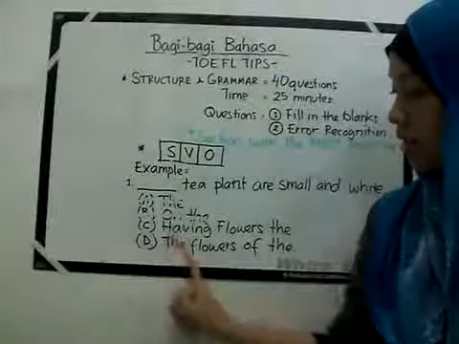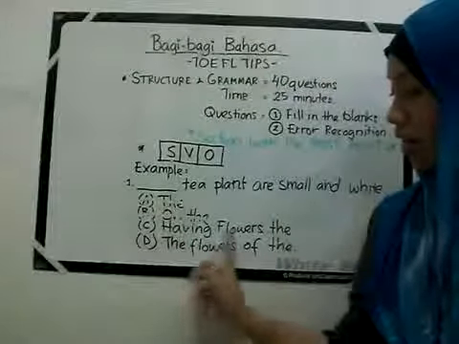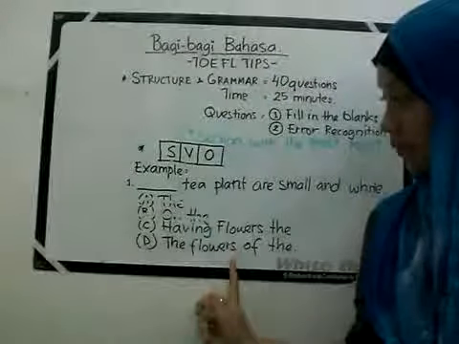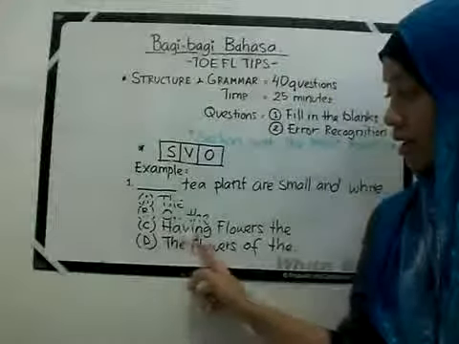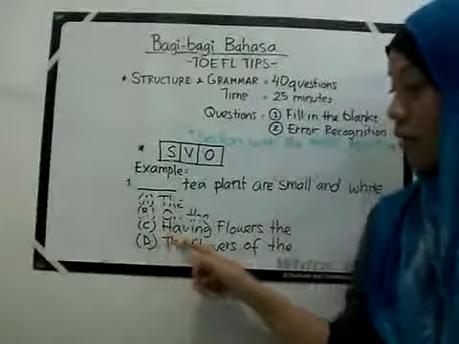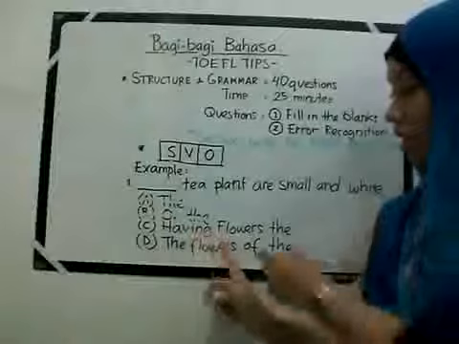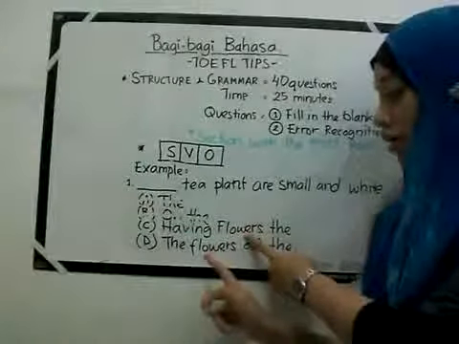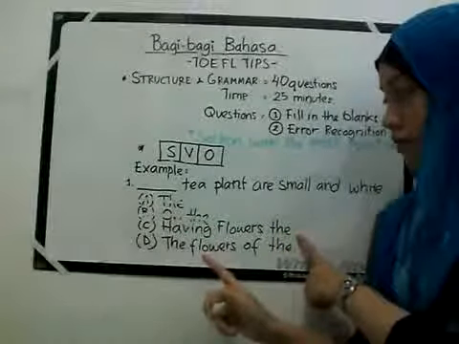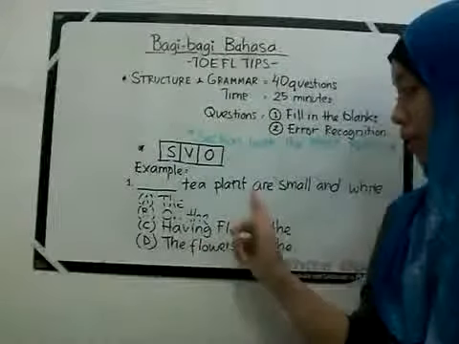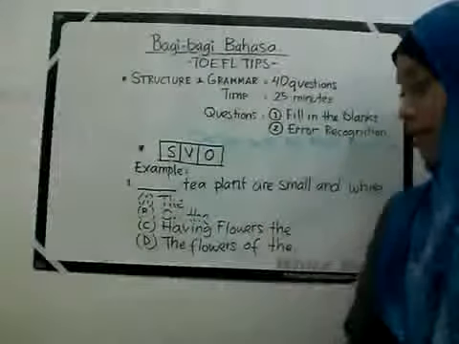Karena the sebagai artikel menunjuk pada subjek. Kalau having di sini artinya mengalami atau memiliki. Having flowers the tea plant are small and white.